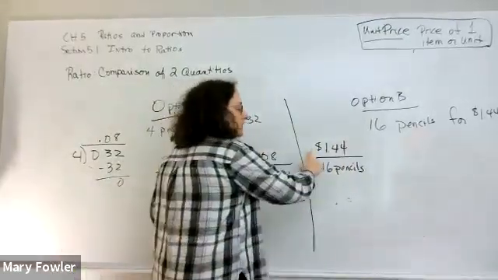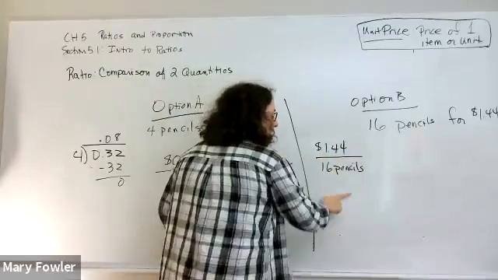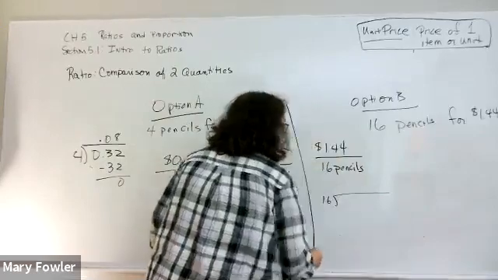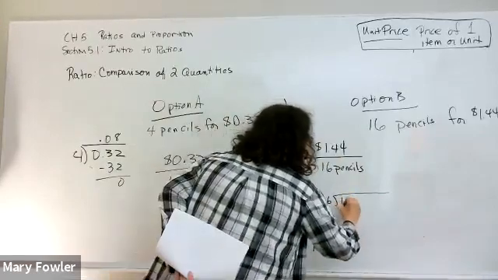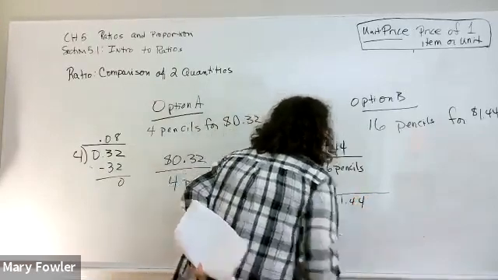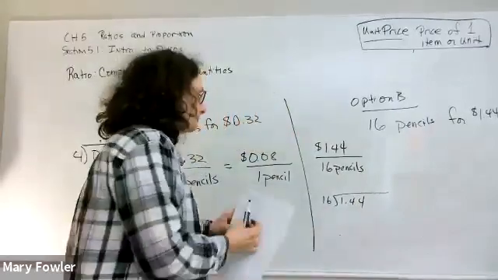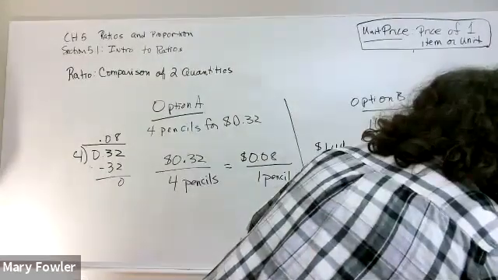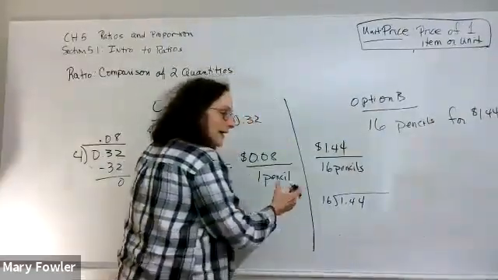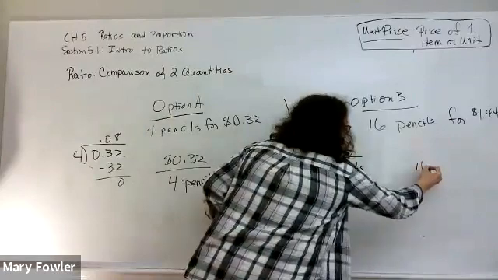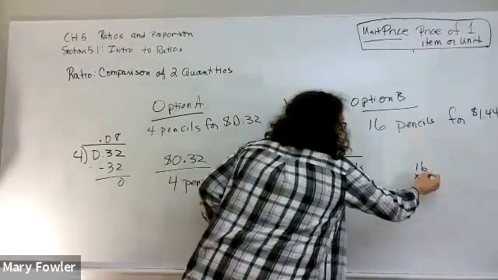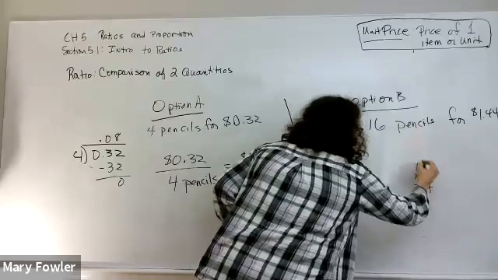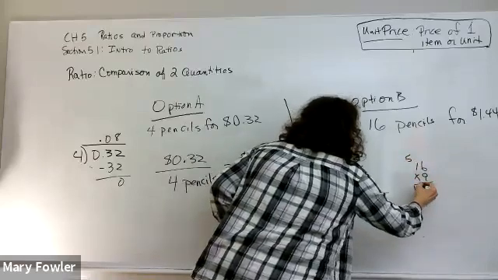All right, so for $1.44, I can get 16 pencils. I'm going to want to divide the 16 into 1.44. Okay, and we see that 16 times 9 is 144.